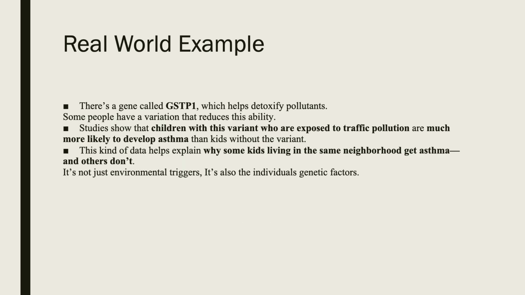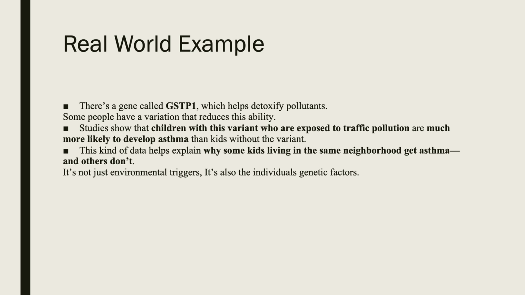I'm going to provide a real world example to break it down and make it more understandable. So, there's a gene that is called GSTP1, which helps the body detoxify pollutants that enter the body. Some people have a variation or mutation of that gene that reduces the body's ability to detoxify the pollutants that enter.